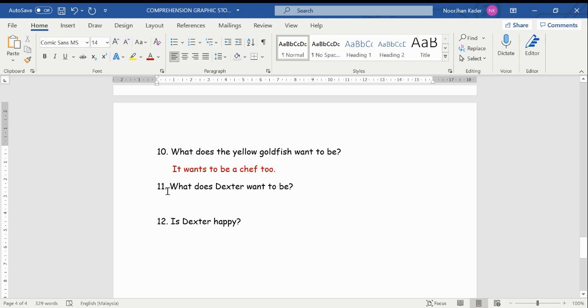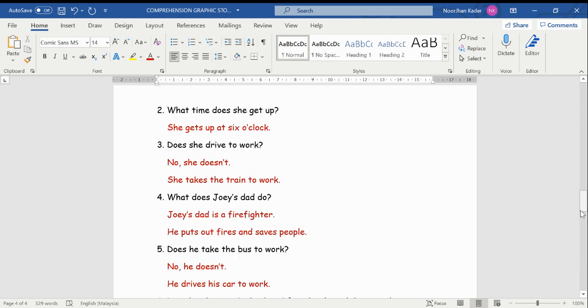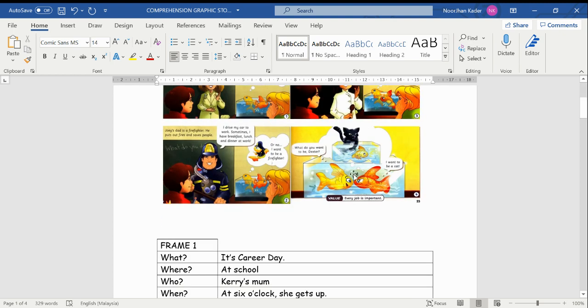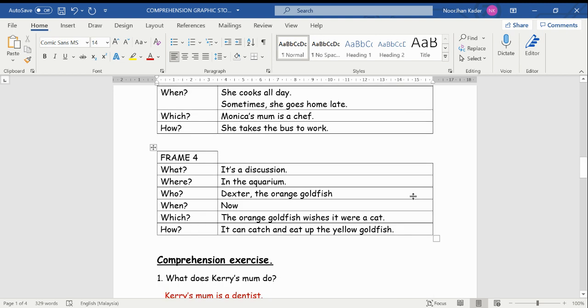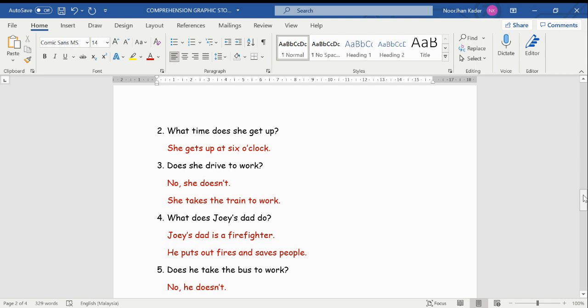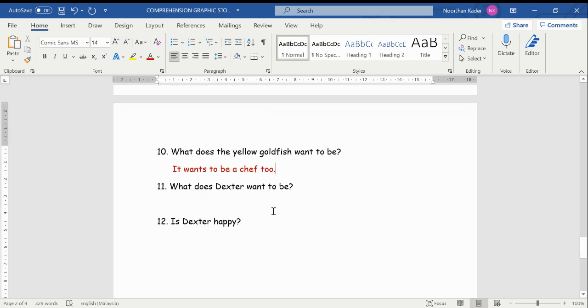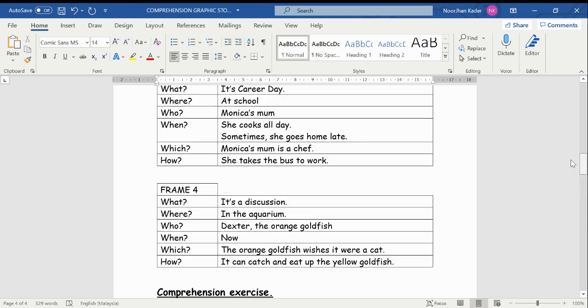Okay, number 11 and 12 will be based on frame 4. Frame 4, this one. So what is the question? What does Dexter want to be?